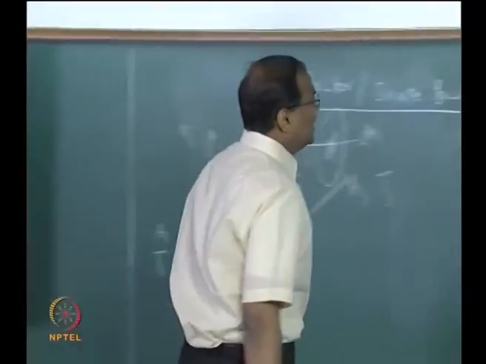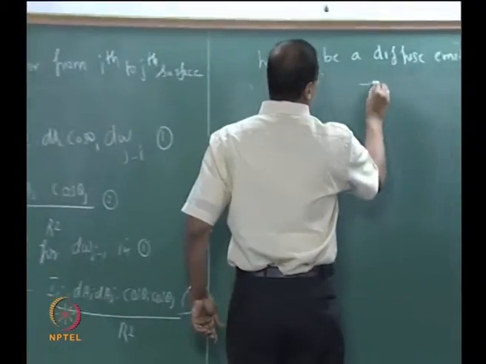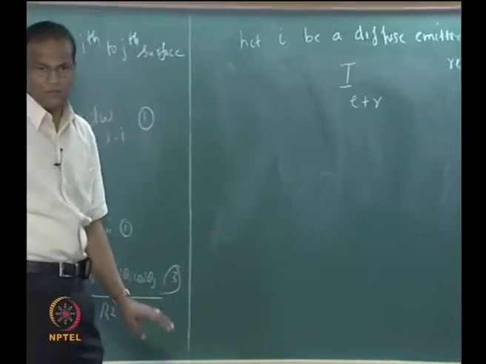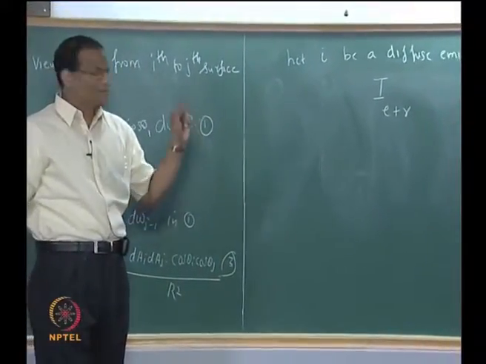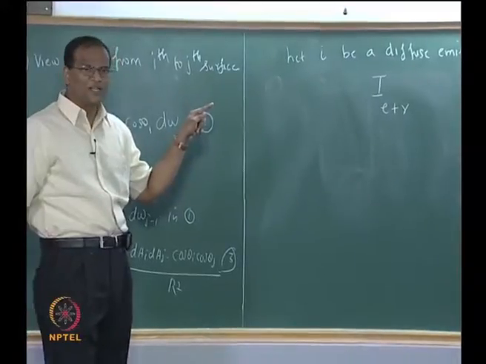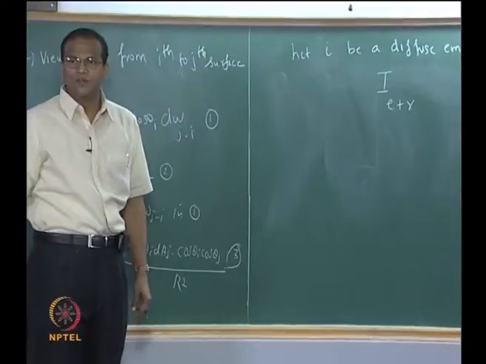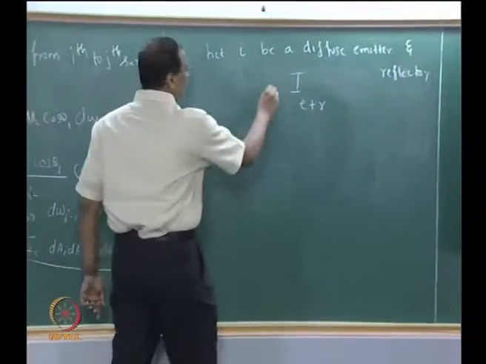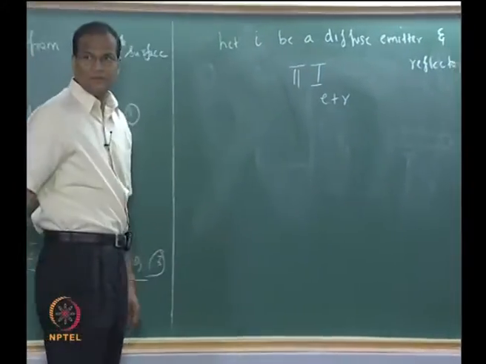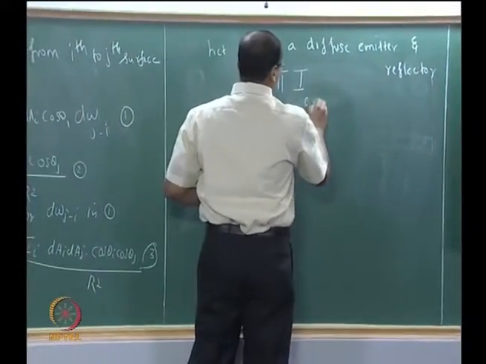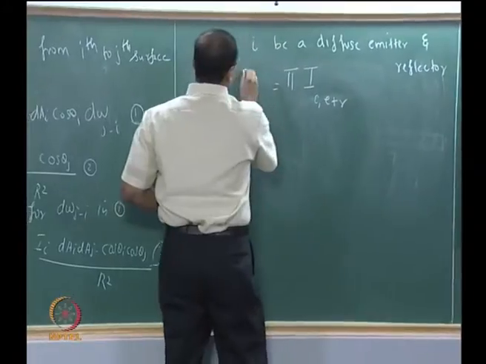Now I am saying it is diffuse, so I can say I, the intensity, can have intensity corresponding to emission and intensity corresponding to reflection. It does not have a directional dependence, so I can make it pi. To make it clear, I call this Ji.